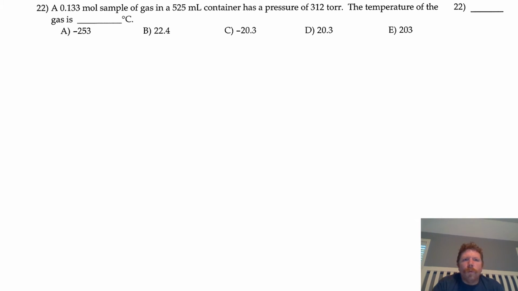Okay, a 0.133 mole sample of gas in a 525 milliliter container has a pressure of 312 torr. The temperature of the gas is blank. So what we're given is n equals 0.133 moles. We're talking about a gas. Most of the time when you're looking at a gas, you should probably look at it as PV equals nRT.